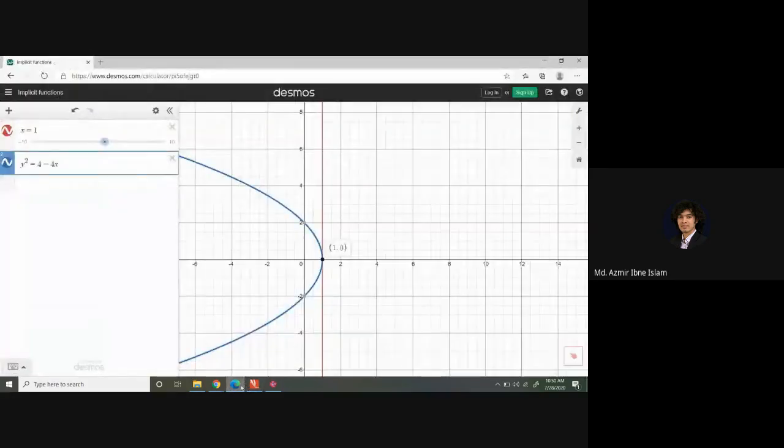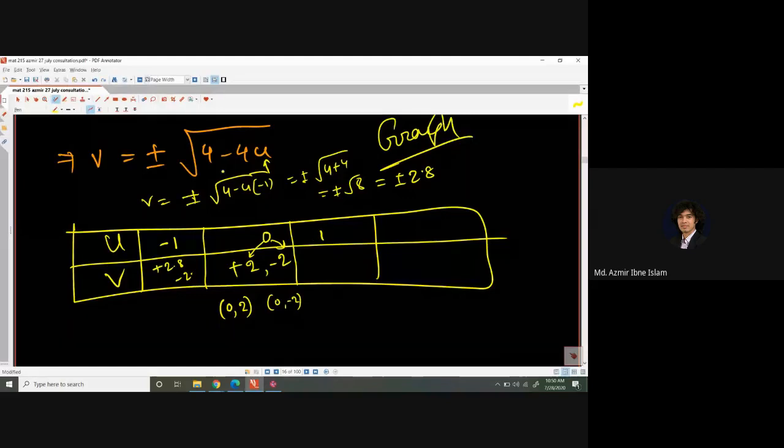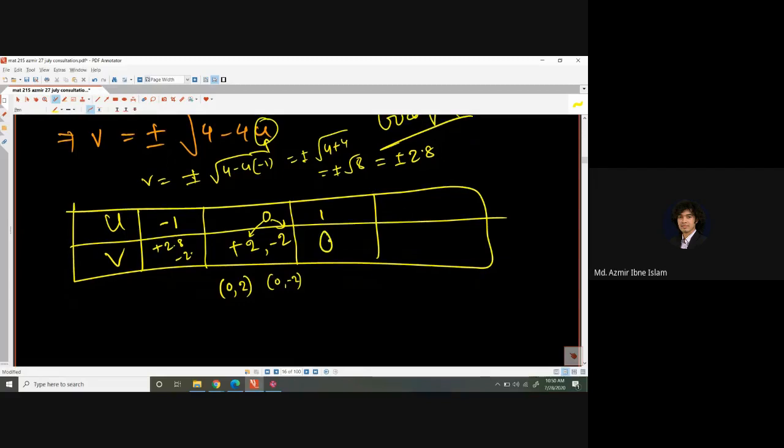Yes, this point is 1. Let's take 1. If we take 1, 4 minus 4 is 0. We are getting 0. Is that okay? Yes. So this time we have found the point 1, 0. So here -1, positive 2.8, -1, -2.8. The more points we take, the more we get. That means the graph will be more and more smooth.